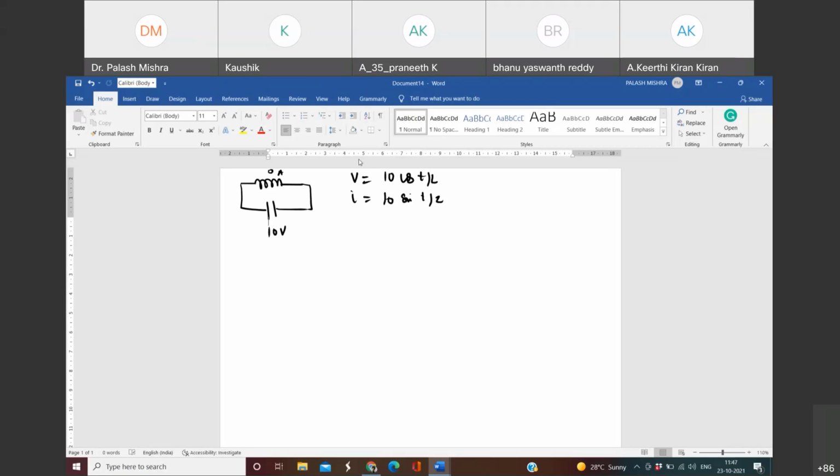Now let me just draw the graph of these two. So it will start something like this, and please tell me this value. What will be this value?